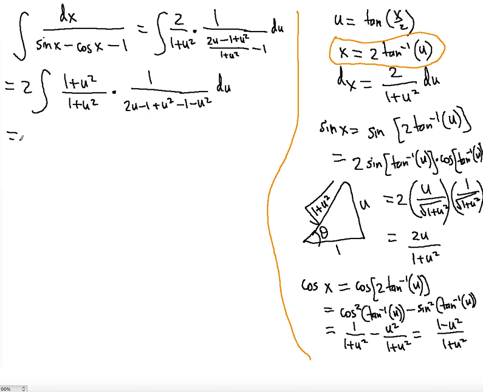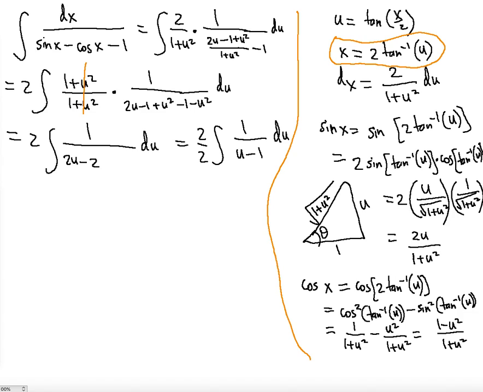So now these two guys are gone, u squared are gone, 2u minus 2 du. So we can take the 2 out here, so 2 over 2 times u minus 1 du. The 2's are gone, so we're faced with a simple integral.